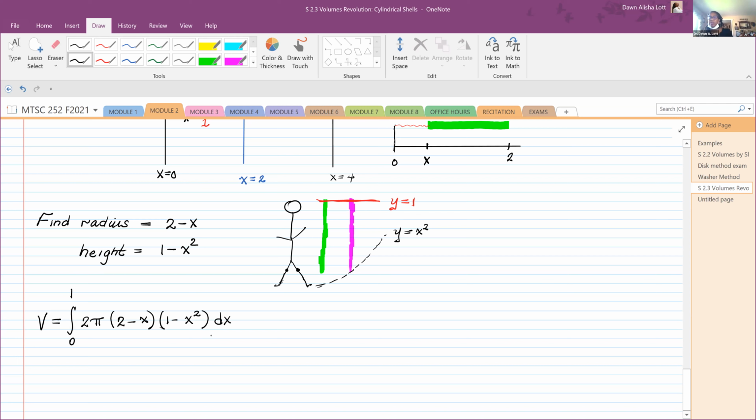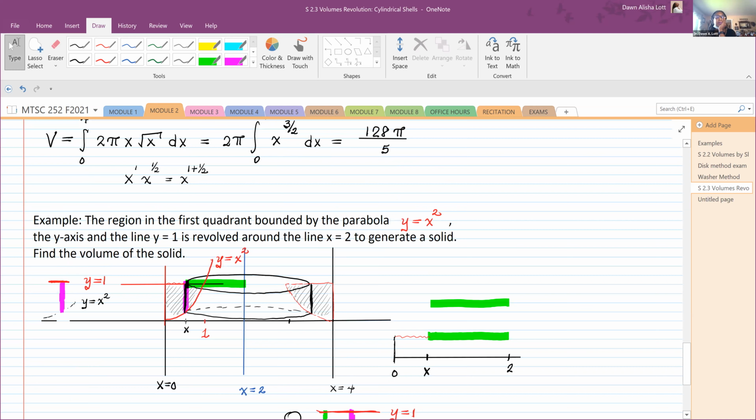That is what I have to integrate, and the answer comes out to be 13 pi over 6. Any questions?